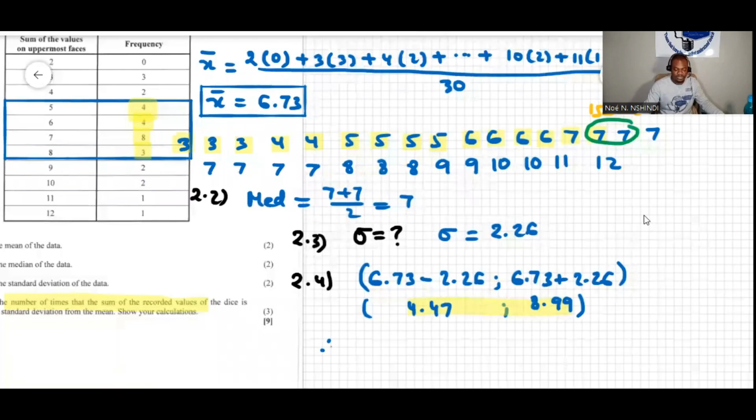Therefore, the number will be 4 plus 8 plus 3, which is equal to 4 plus 4 is 8, 8 plus 8 is 16, 16 plus 3 is 19. So 19 times. Thank you.